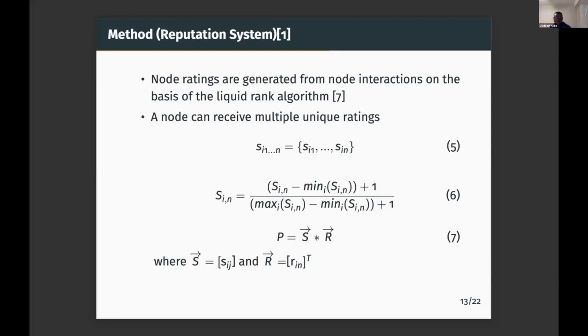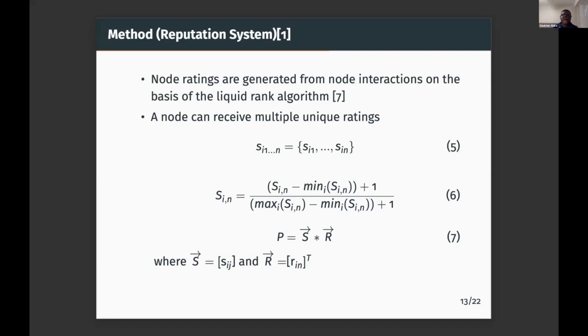And then we denote the rankings as a list of rankings that are generated towards I from other nodes within the network. After we receive a list of all the rankings that are generated for a particular time period, we take the rankings and then normalize that set of rankings using the formula in equation 6.